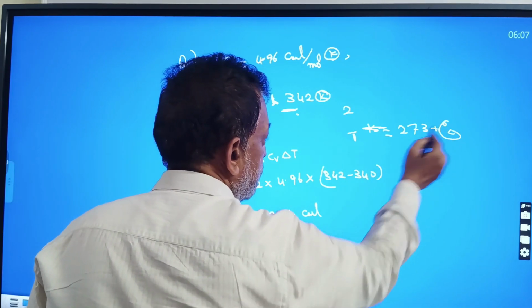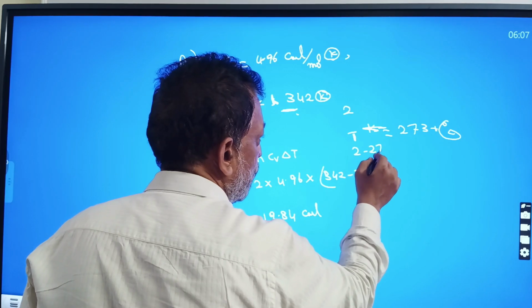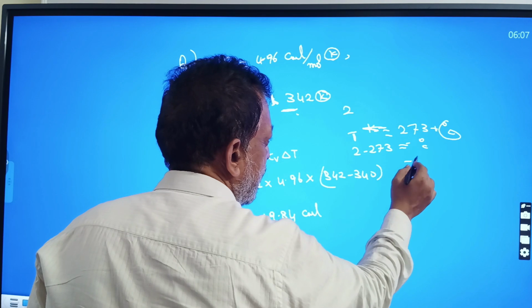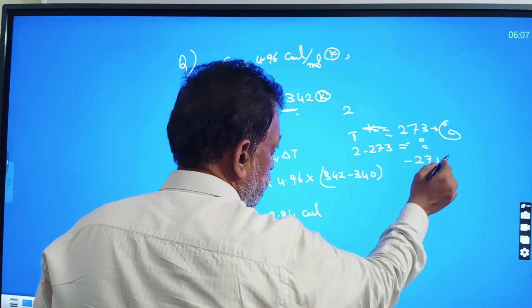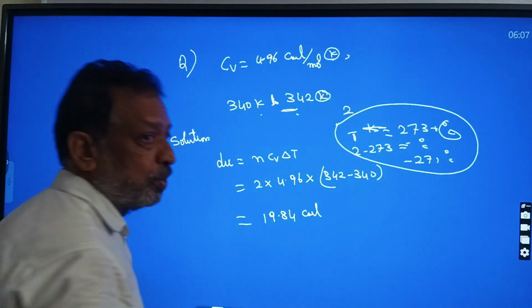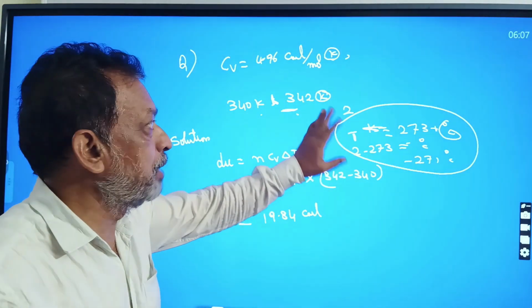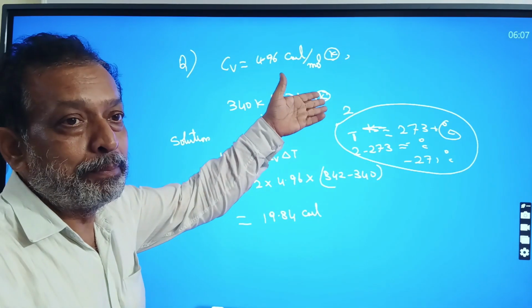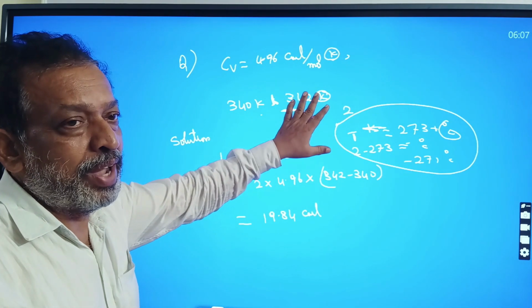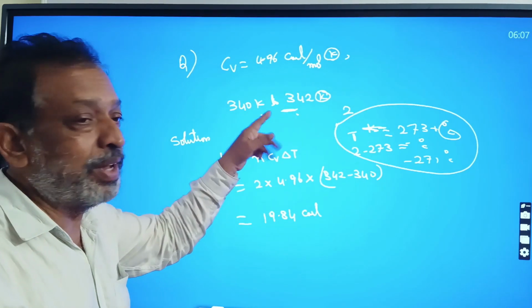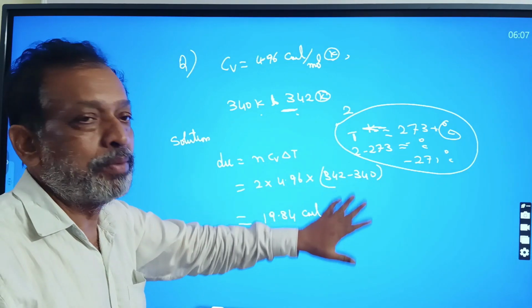If we want degree centigrade, it is 2 minus 273, which gives minus 271. So be careful in entrance exams about the units, what unit they have given. Everything is fine if you just observe it. If Kelvin is given and you do it like this, the entire problem goes out.